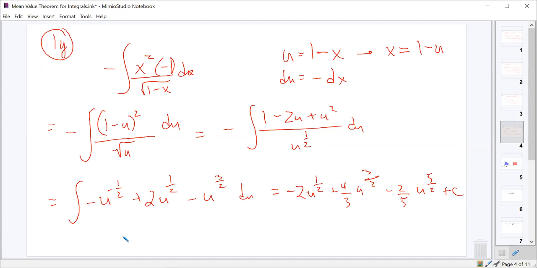And then you just go back in and replace. So -2 times (1 minus x) to the 1/2, plus 4/3 (1 minus x) to the 3/2, minus 2/5 (1 minus x) to the 5/2, plus a constant. Good or no?